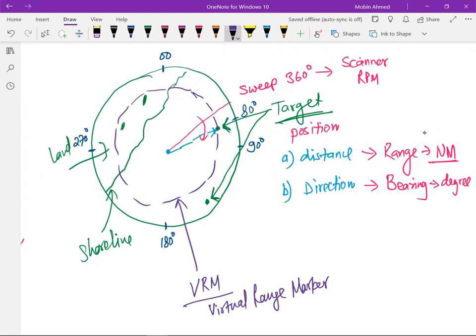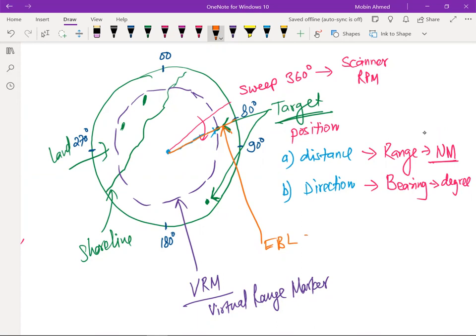Then there is an EBL. The EBL is going to be of a different color. Now we are going to align it like this. This color, what you are seeing, is the EBL. We have to align it with the target where it is appearing.